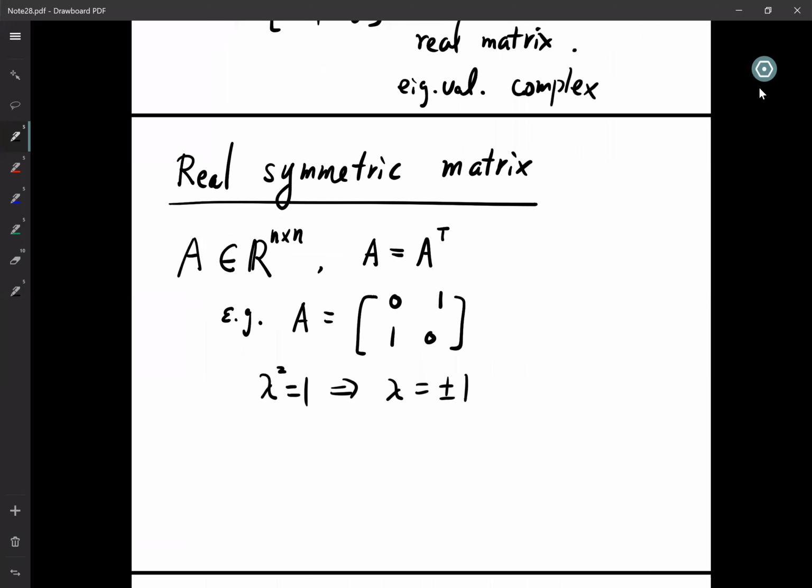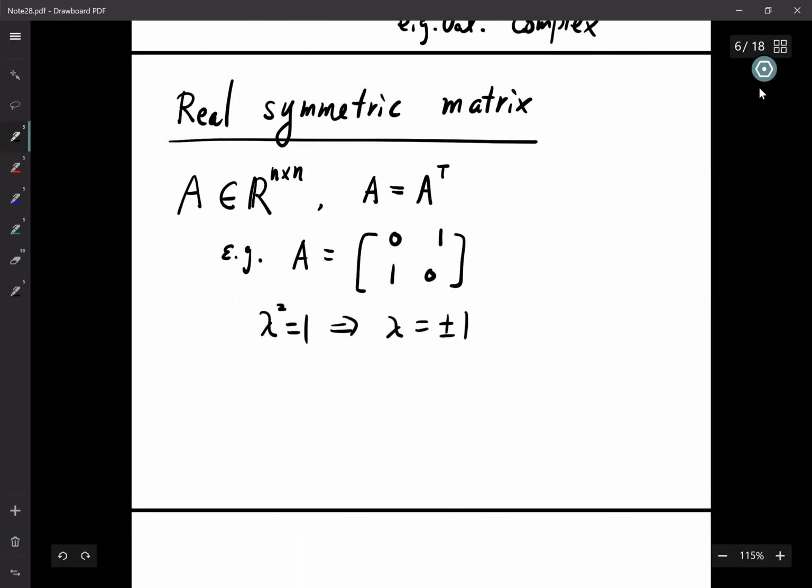Furthermore, they're not only real. If you just diagonalize this, the first eigenvector is [1, 1], or [-1, 1], and therefore this one is, let me deliberately put a 1 over square root of 2 here, so that it is normalized.